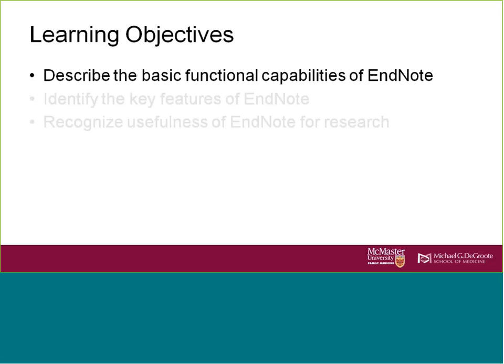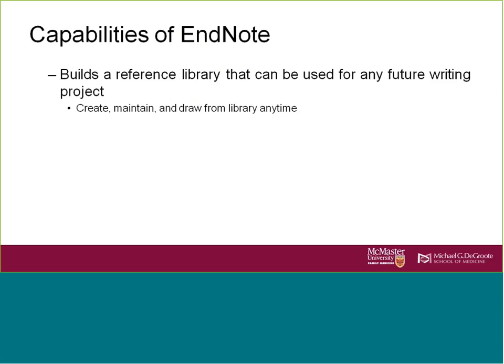Okay, I'll start off with the first one here, to describe the basic functional capacities. I've put it into 2 general functional capacities of EndNote. First, it's very useful in building a reference library. You can use multiple libraries that you can access at any time, with references for any paper you're writing.